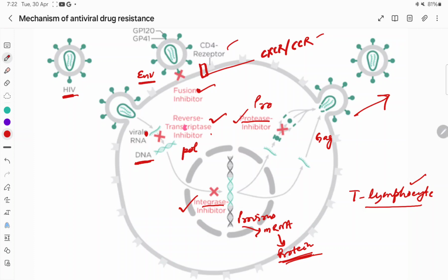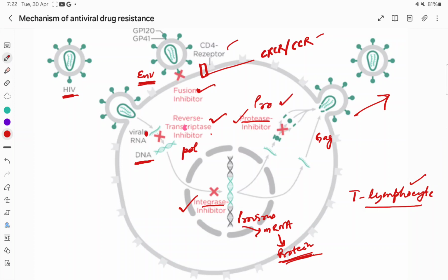The ENV gene encodes the virus surface glycoprotein and transmembrane protein that mediates cellular receptor binding and membrane fusion. Then the PRO gene encodes viral protease and facilitates maturation of viral particles.